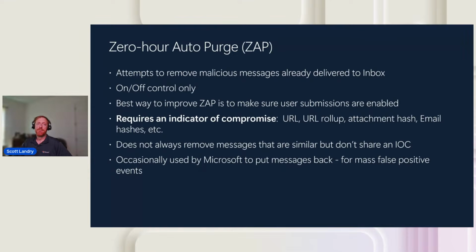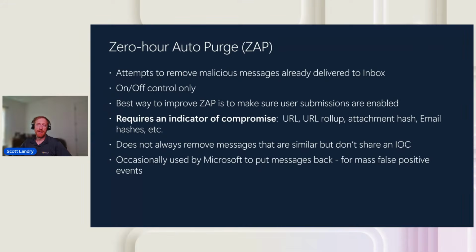Okay. Basically, here's a typical scenario. Let's say you have a message that comes in. It's not active. The payload is not active at time of mail delivery, so it evades detection. 15 seconds after delivery, the attacker weaponizes it. Okay, the user sees that.